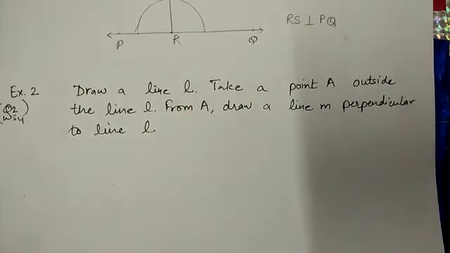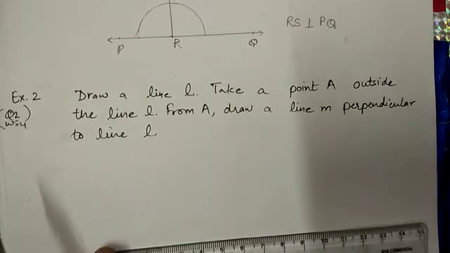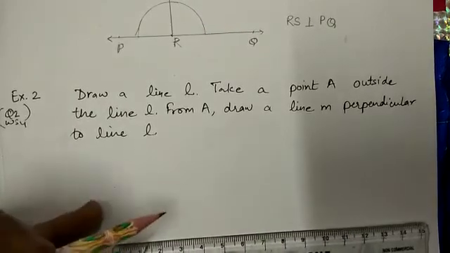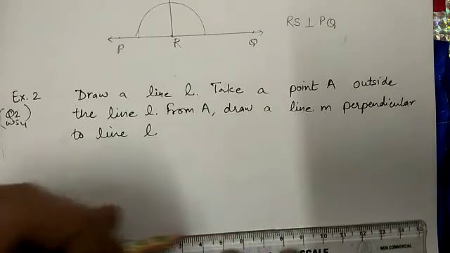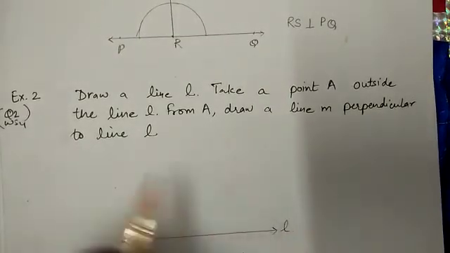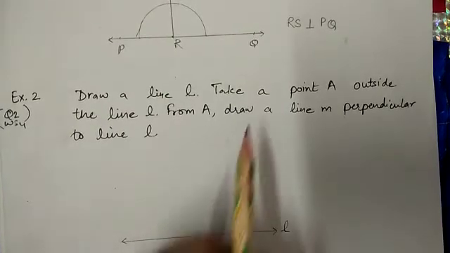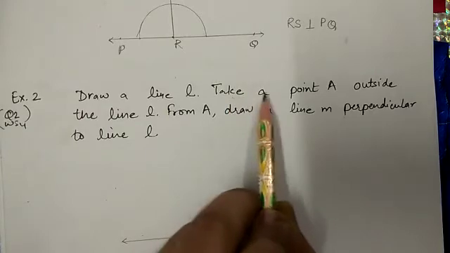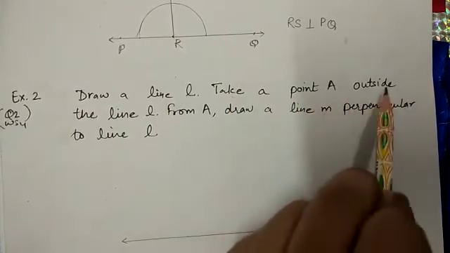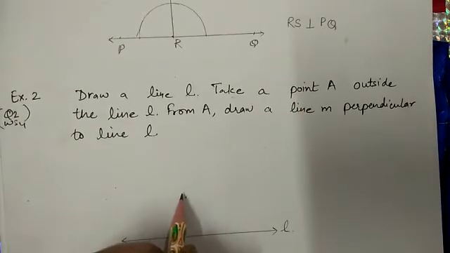Draw a line L. First step, we have to draw a line L like this. Second step, take a point A outside the line L. Outside this line L, take point A anywhere.